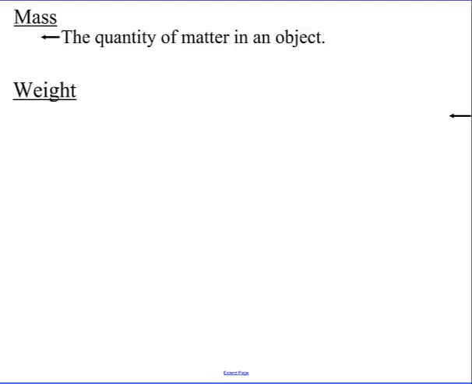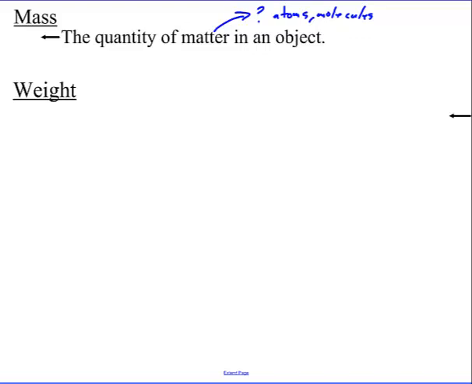And again, when we talk about the matter, what are we talking about? Well, we're talking about the atoms and the molecules that make up a substance. So all the atoms and molecules in a substance is its matter. All right, and so that's what mass is.